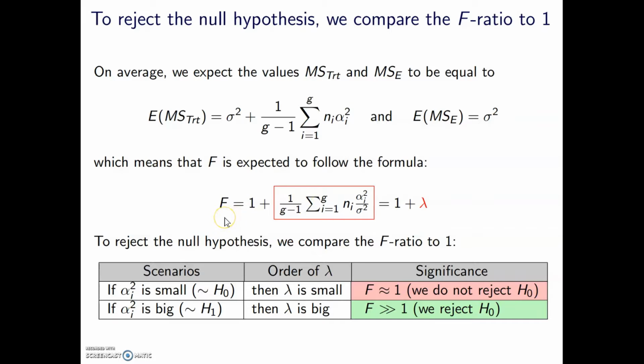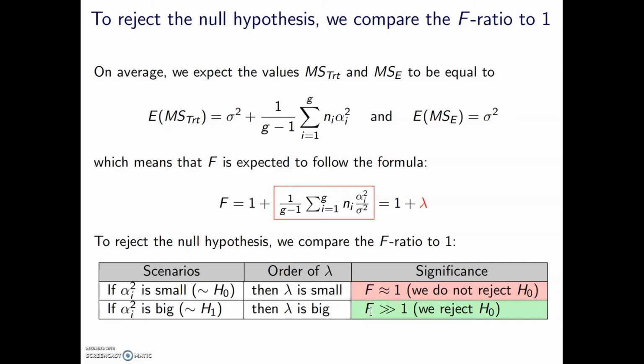So F is larger than 1. And in this table, we can see that if alpha sub i is close to 0, then the F score is close to 1. And on the other hand, if alpha sub i is far from 0, then the F score is much larger than 1.